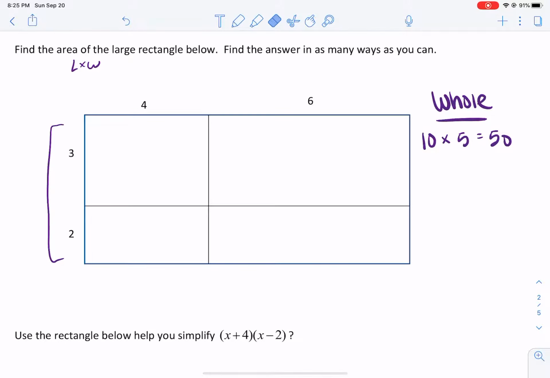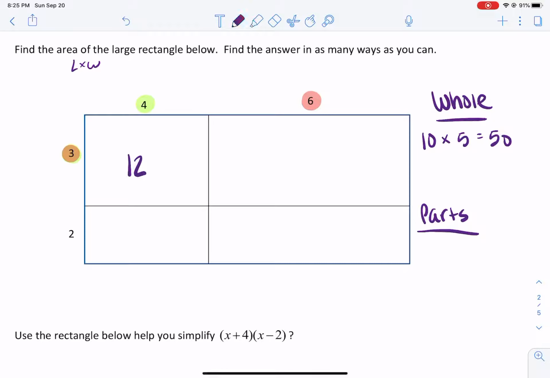Or you could have broken this up into parts and found the area of each one. So I could take 4 times 3, which is 12, so that's the area of this box. Then we could take 6 times 3, which is the area of this box.